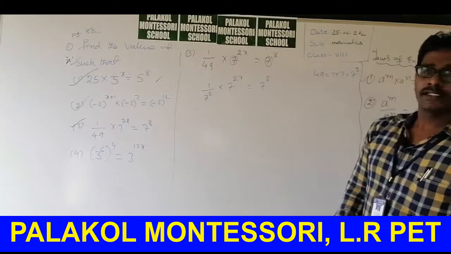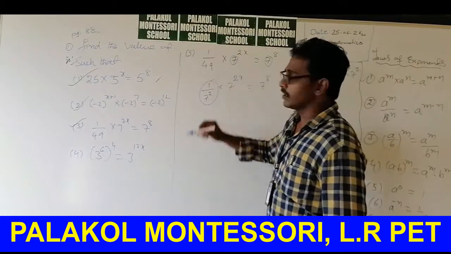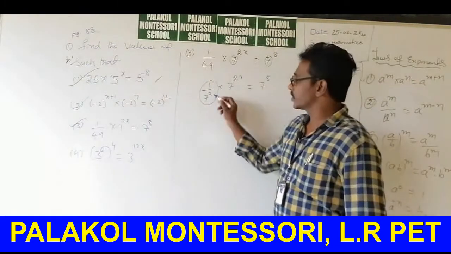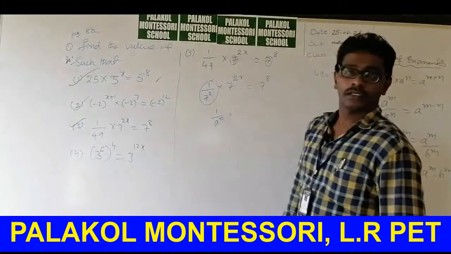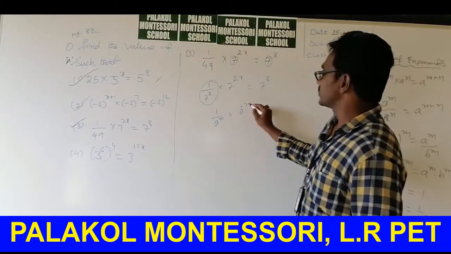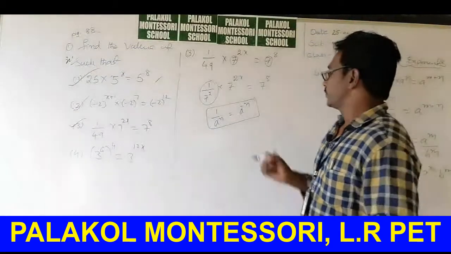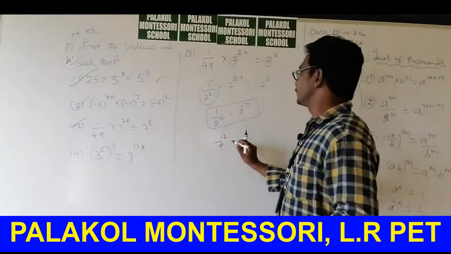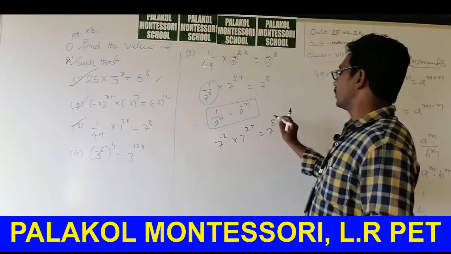Okay, guys, see here, guess immediately which law of exponent this belongs to: 1 by a power of n. What is 1 by a power of n? A power of minus n. Same logic applies here: 7 power of minus 2 into 7 power of 2x is equal to 7 power of 8.